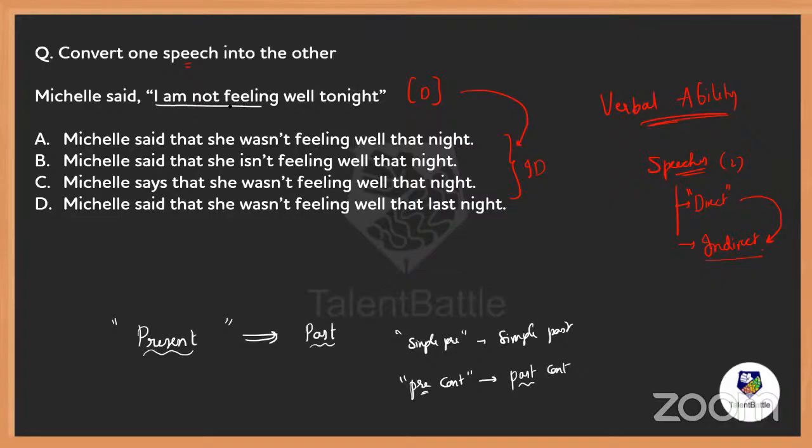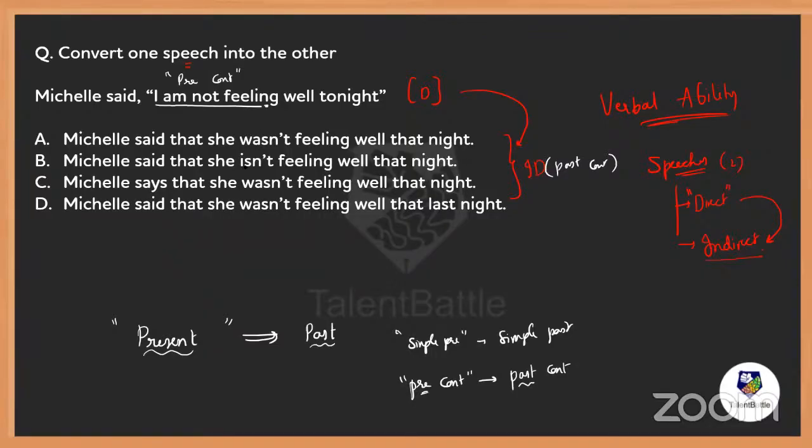I am not feeling is what tense, everybody? Present, I am, continuous, ing. So the given tense is present continuous, which means in the indirect the answer should be in the form of past continuous, everybody. Yes or no? Yeah, past continuous.